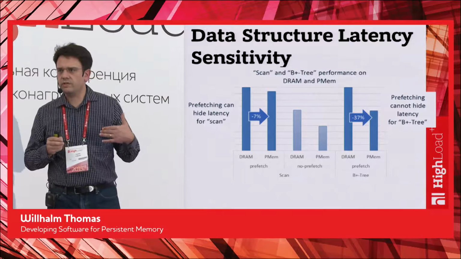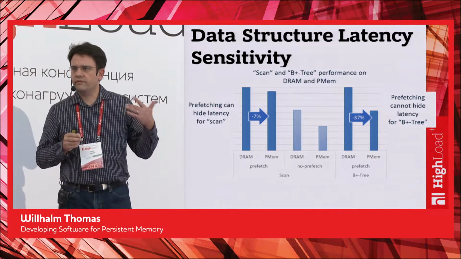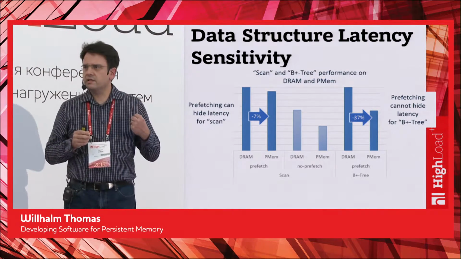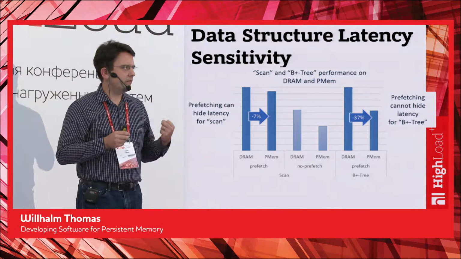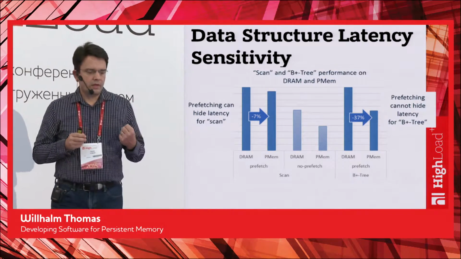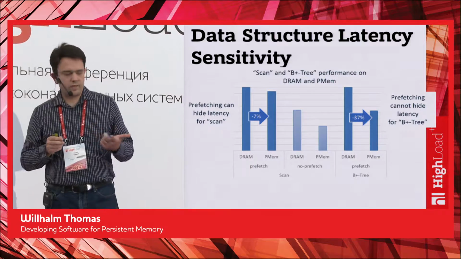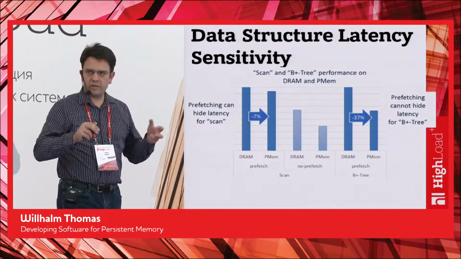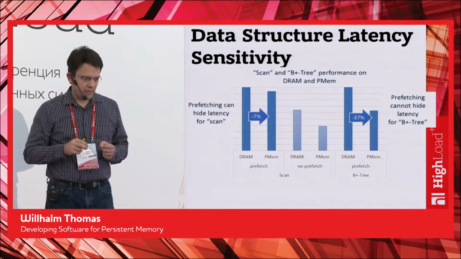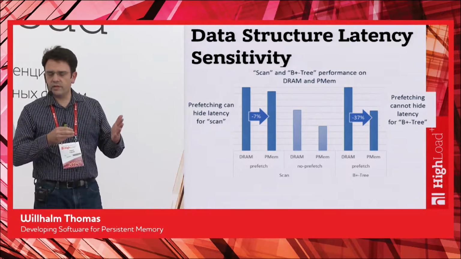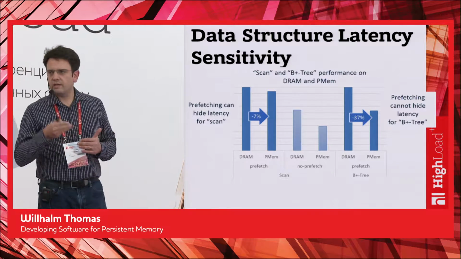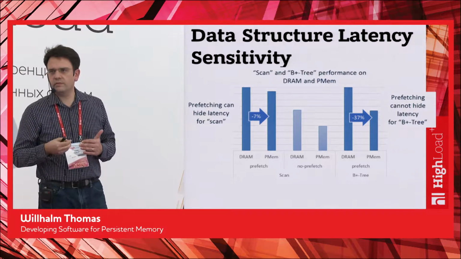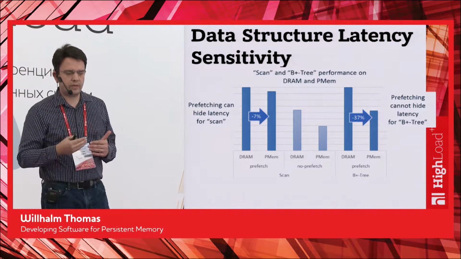This is because the hardware prefetcher can efficiently get in the data in time for when it's needed. In order to prove this theory, we have these two bars in the middle, where we disabled the prefetchers in hardware. Now we do the same comparison, DRAM versus persistent memory, and the performance hit that you're seeing by comparing the two is much larger.